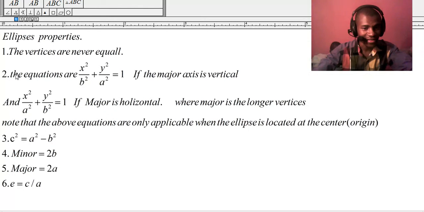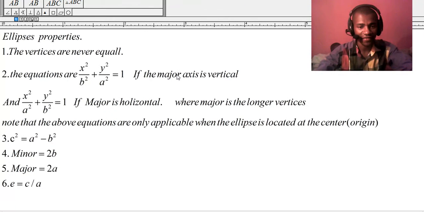Okay, so these are the equations that we use to find the ellipses, or that ellipses follow. The equations interchange the denominators b and a, depending on which way the two lines, major and minor, are facing, whether horizontal or vertical.